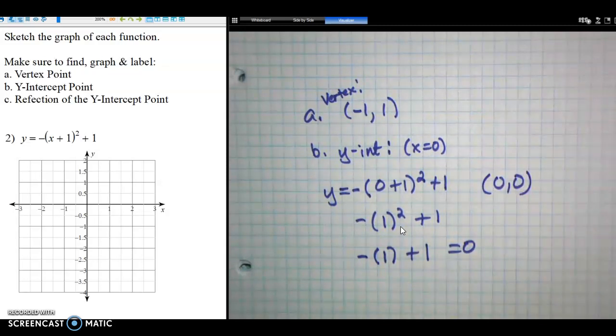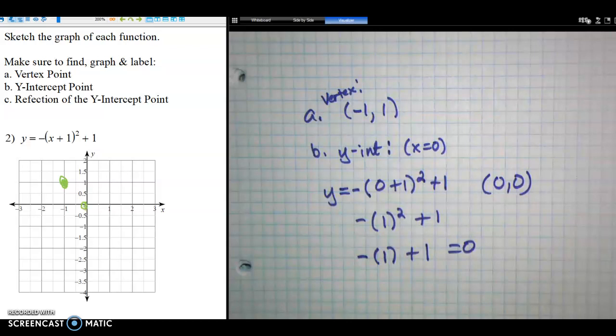All right? I'm going to start sketching these things on the graph. So let's take a look. We've got the vertex point at negative 1, 1 right here. And then we have the y-intercept point at 0, 0.